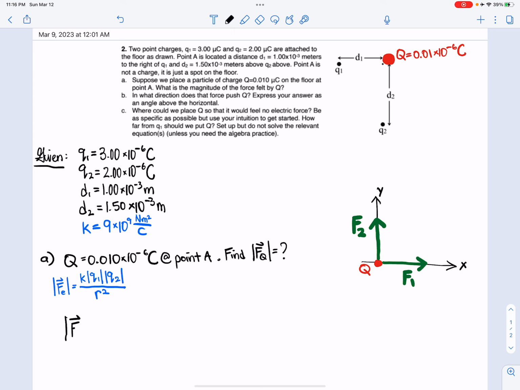So my magnitude of force due to Q1 is equal to K times the magnitude of Q1 times, remember, this guy is always the particle of charge Q that we want to know the force felt by. So that's always this capital Q right there.